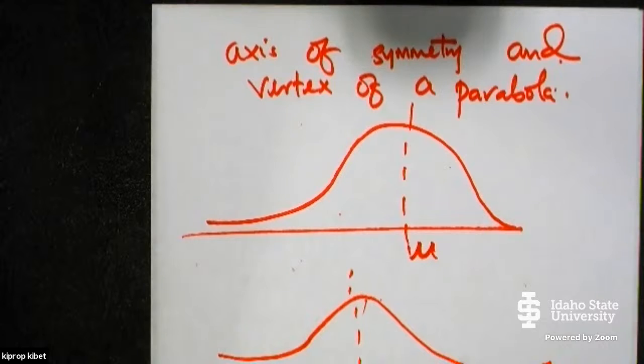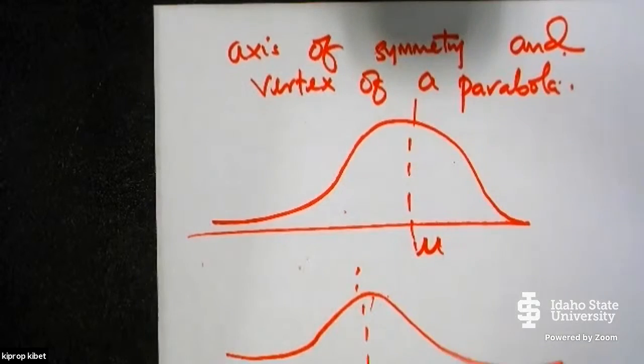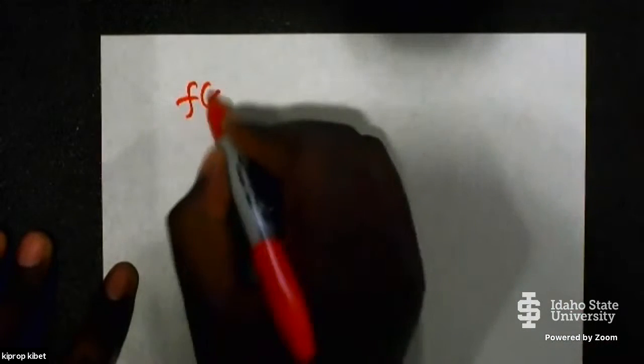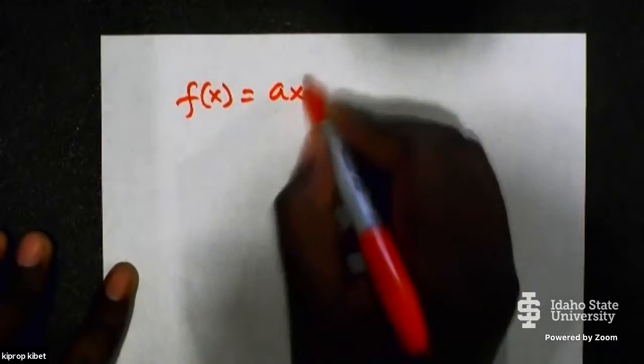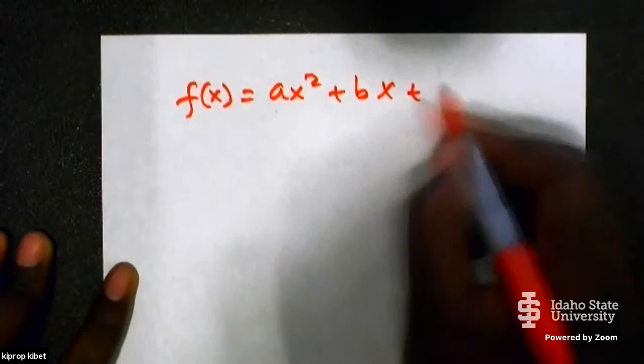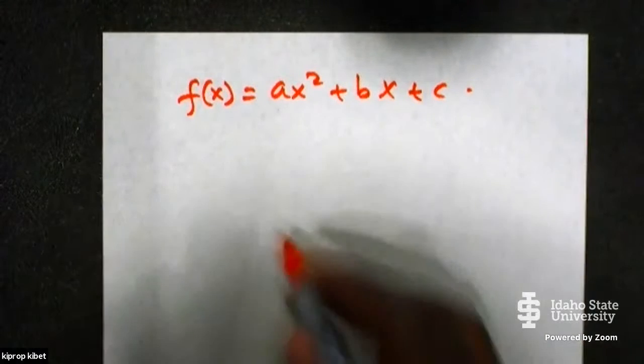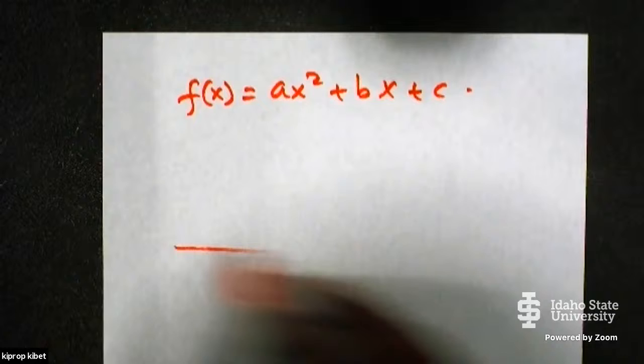Now, coming to this, for our quadratic function f of x equals ax squared plus bx plus c, it will become symmetric as well.